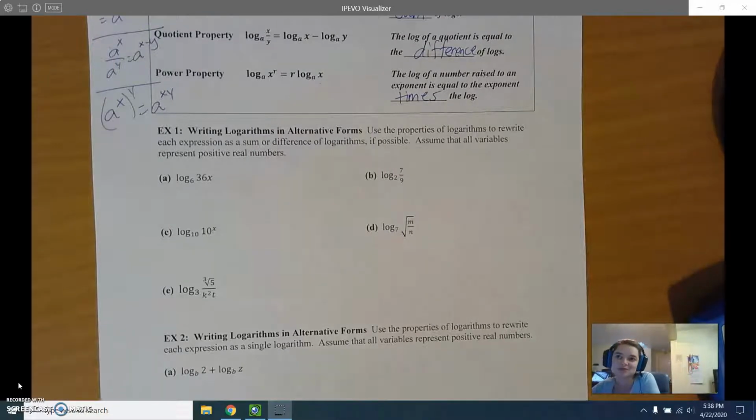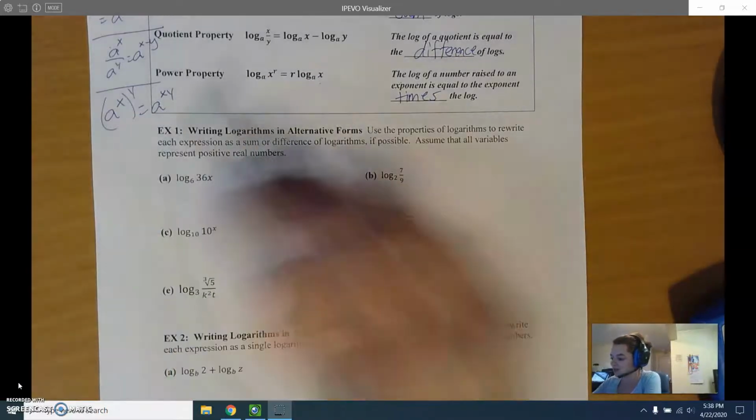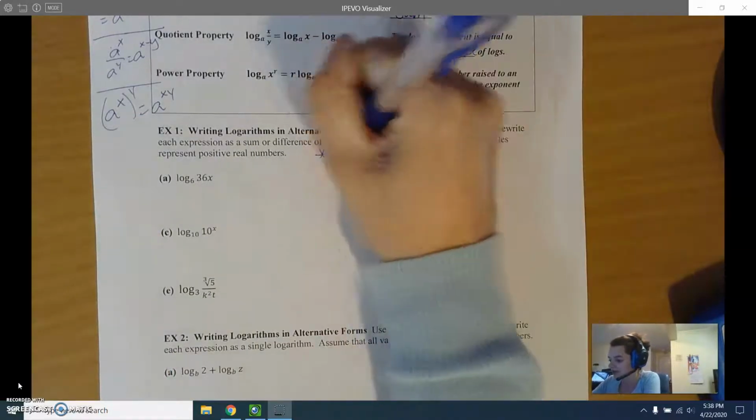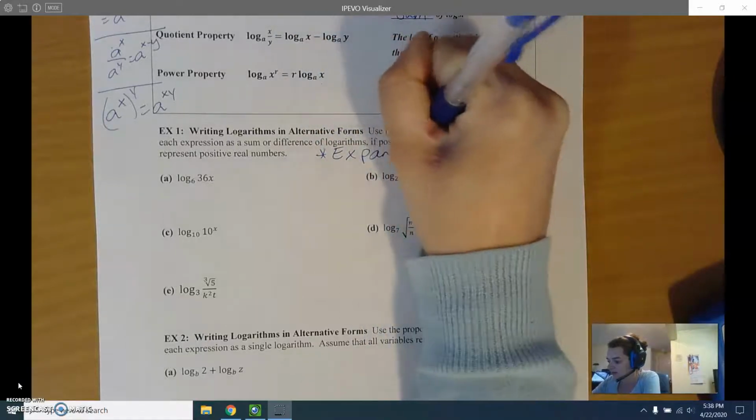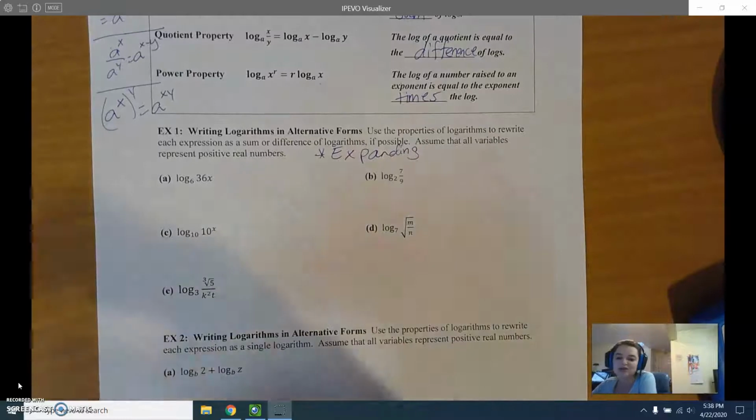Sometimes it helps us to be able to evaluate parts of our logs and things like that, okay? So it can be a really helpful thing. So in example one, what we really are doing here is we're expanding. Okay? And our goal with expanding is just to have only one term in each logarithm if we can help it.